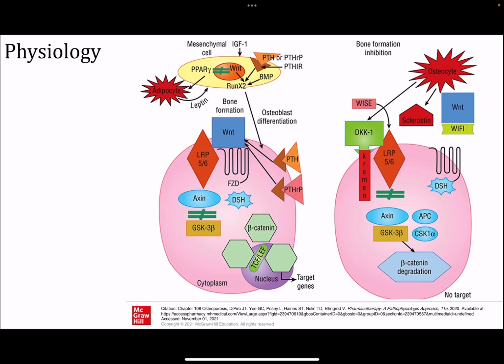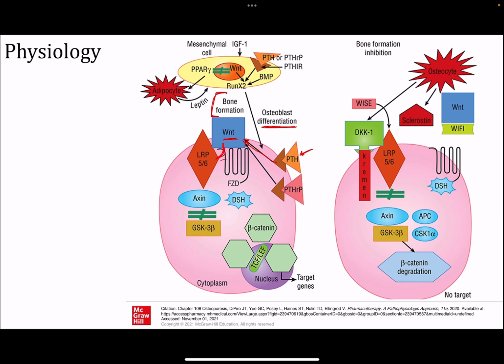Here we're looking more at bone formation. And again, we have various factors that cause the osteoblast to be differentiated. And it's part of the WNT signal pathway, where we have the parathyroid hormone here that causes this to couple with LRP.